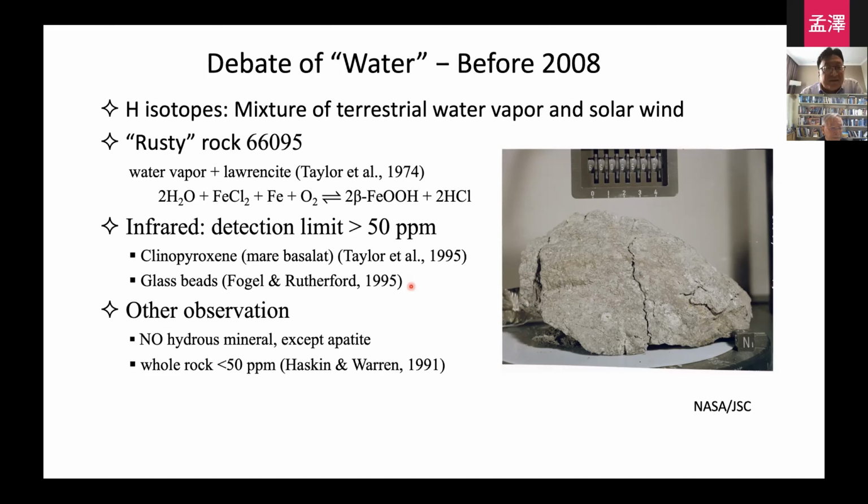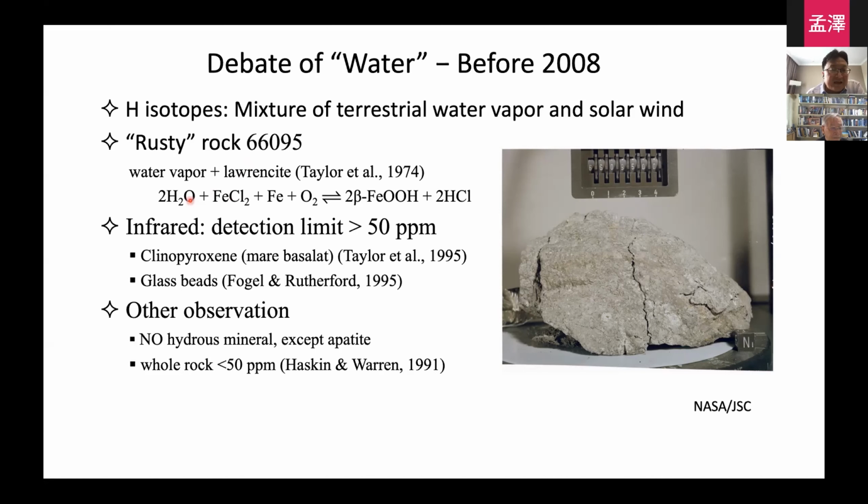The formation of this rust can be explained by the reaction between water vapor and lawrencite, which is a native mineral in this rock 66095.